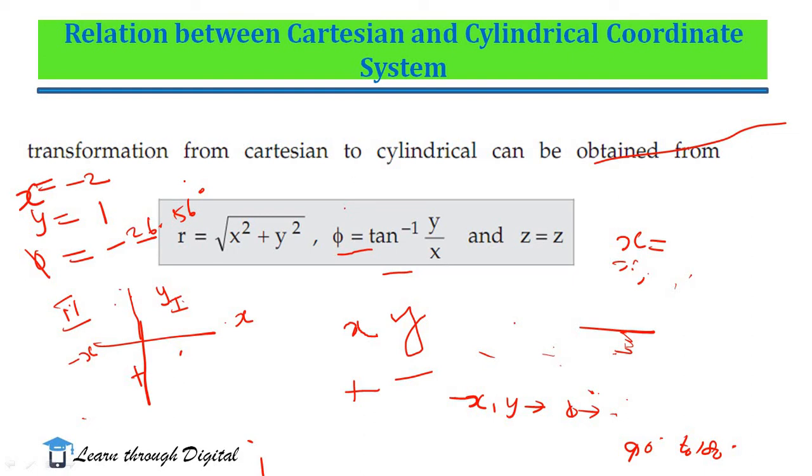So therefore we should add 180 degree. Hence when x is negative, it is necessary to add 180 degree to the calculated phi value, which gives 154.43 degree.